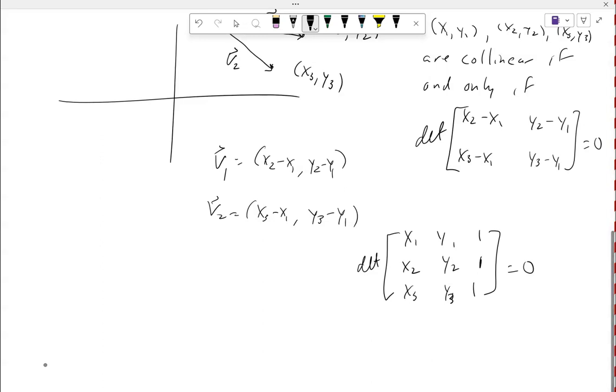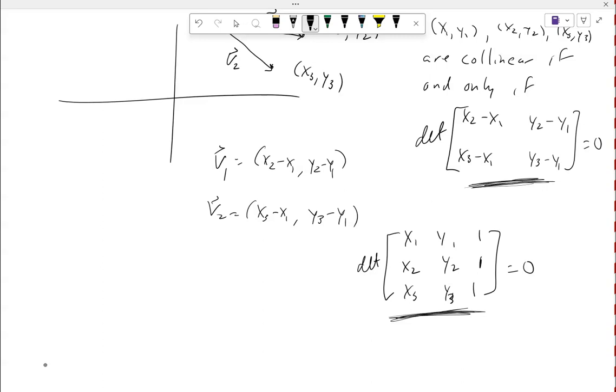You get the same products. Okay. Either one works. It's just a matter of which one you choose.